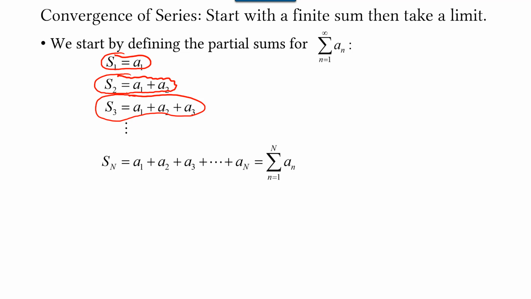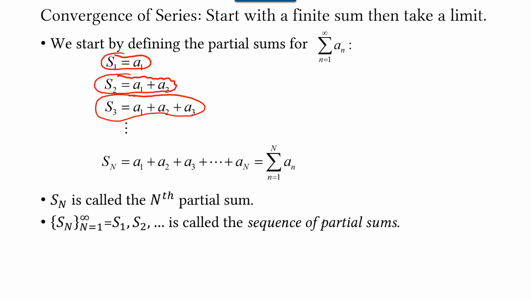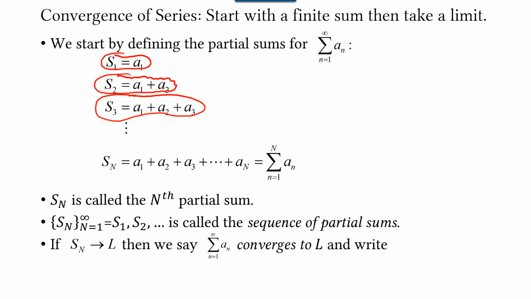So if we took s sub 1,000, then we would take the partial sum of the first 1,000 terms. So we call the s sub capital N the nth partial sum, and if we think of them as a sequence, we call it the sequence of partial sums. The idea now behind our definition for convergence is we base it on what the sequence of partial sums does.